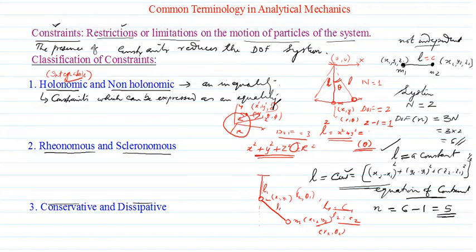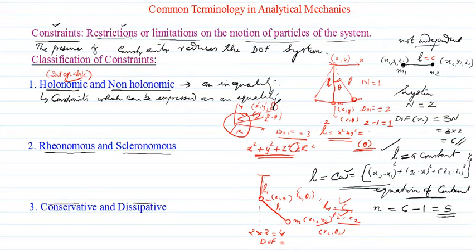So the actual number of degrees of freedom for a two-particle system in a plane would have been 2 into 2, which is 4, but due to the presence of two holonomic constraints, which can be represented by two equations here, the degree of freedom will be reduced by 2.